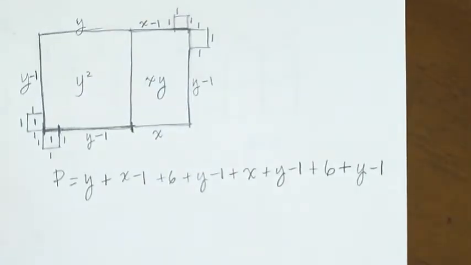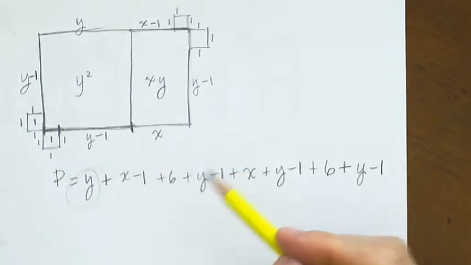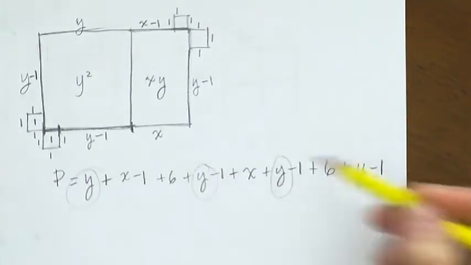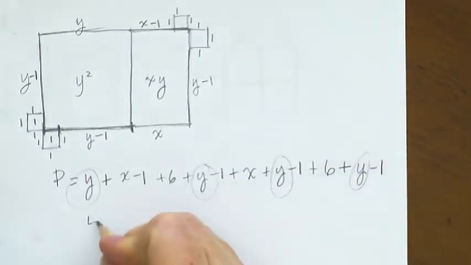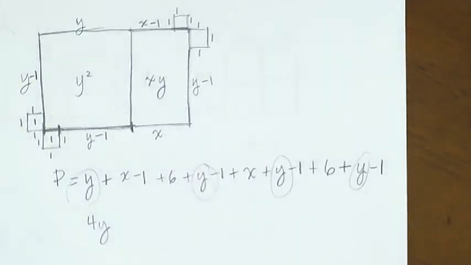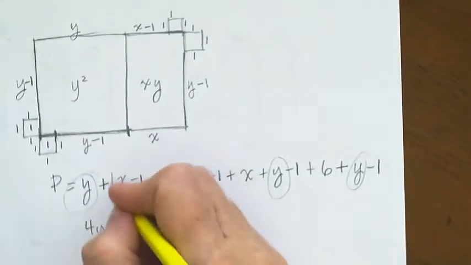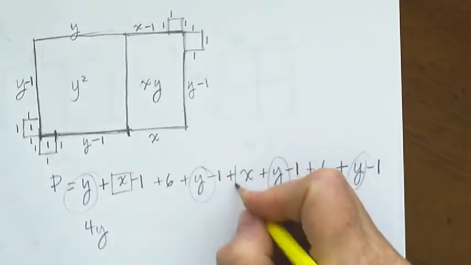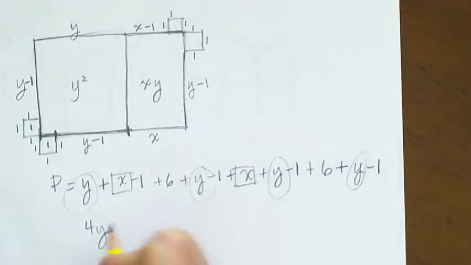Okay, now let's just combine like terms. We've got how many y's? 4 y's. Just check and make sure I'm doing all this right. Okay, and then we've got 2 x's.